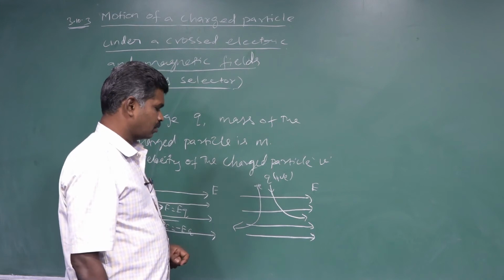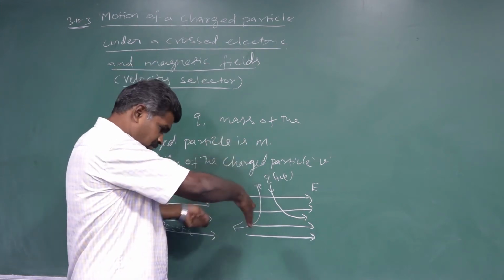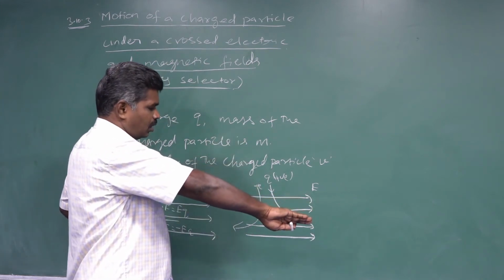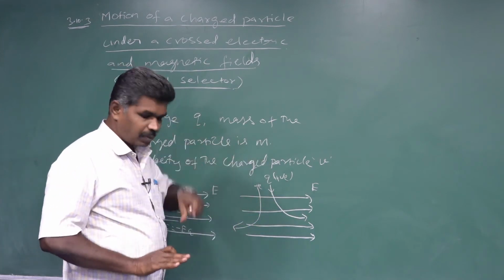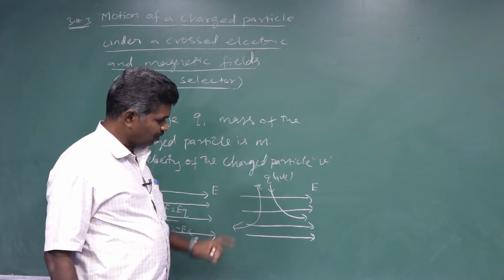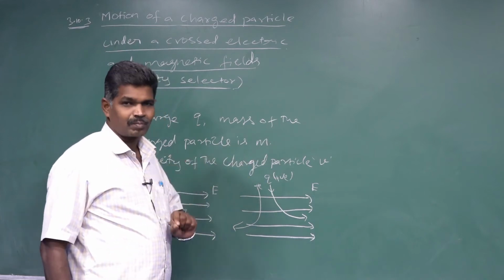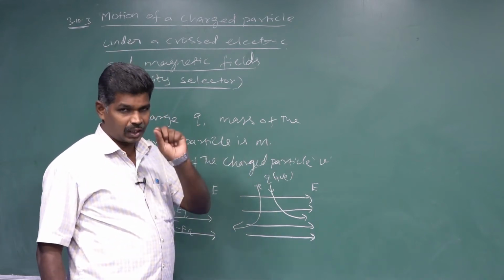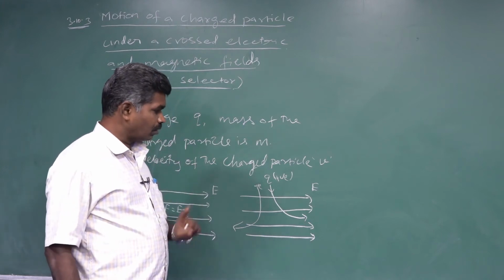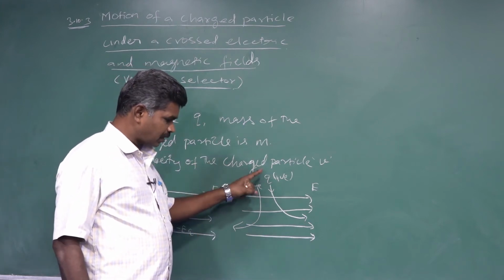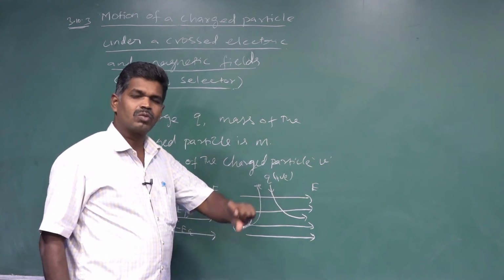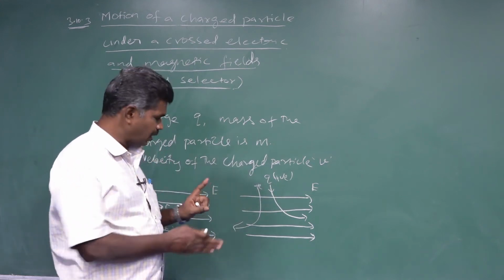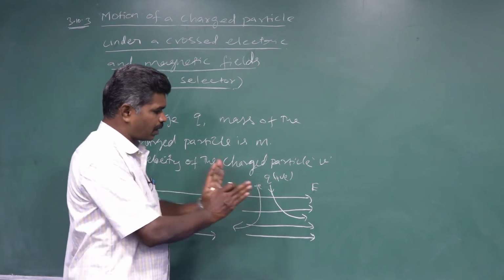Whatever it may be, the directions are opposite, and it moves in a parabolic path. Not only for perpendicular entry, but for any other angle except 0 degrees and 180 degrees, if the charged particle enters the electric field, it moves in a parabolic path. So it is either a straight line or a parabolic path.